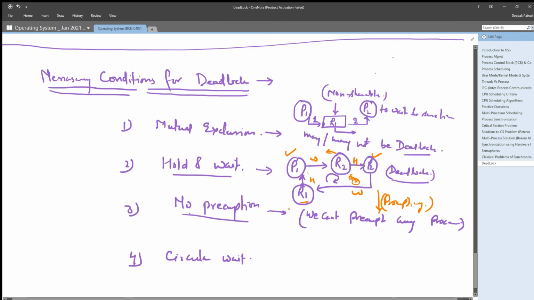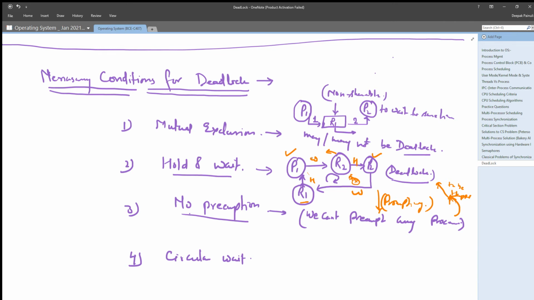So if no preemption is there in the system, then we are ensuring that a deadlock will happen, right, guys? So if no preemption is active along with hold and wait and mutual exclusion, then we may say there will be a deadlock if all these conditions hold simultaneously, or at the same time.